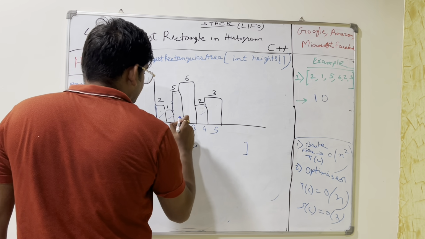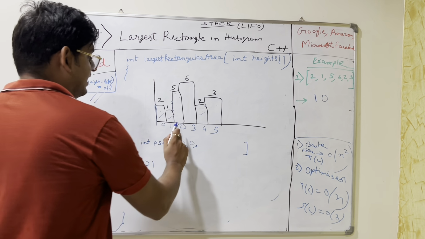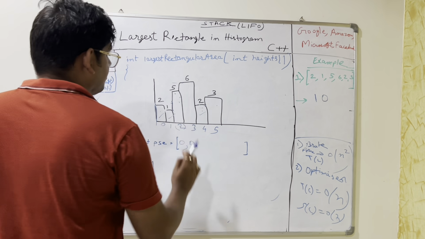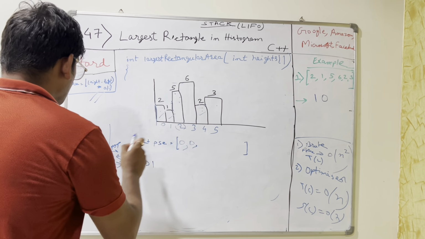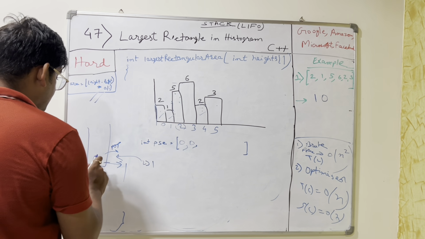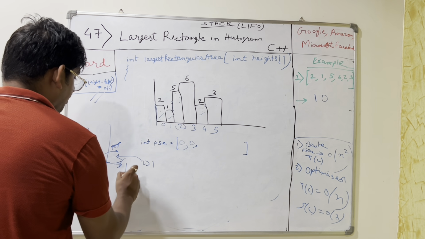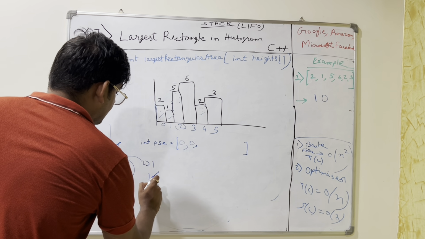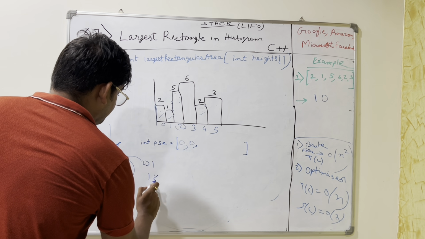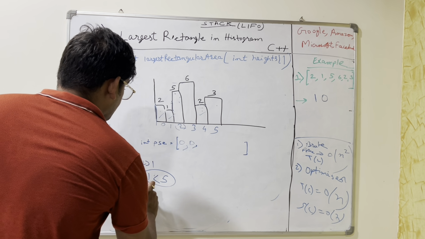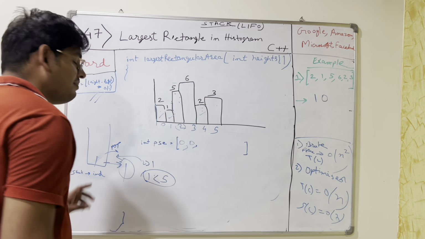So now the next element is 5, the second index. For this 5, we want to find the previous smaller element. We have this stack that stores the elements, and the top value is 1. So 1 is actually less than 5, which we want. So this is the previous smaller element for this.